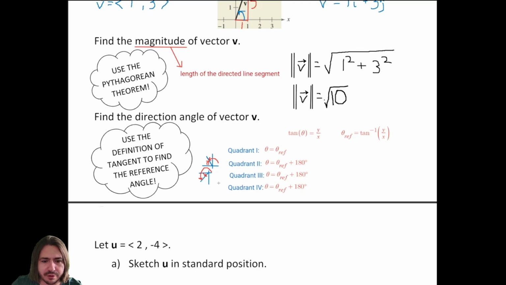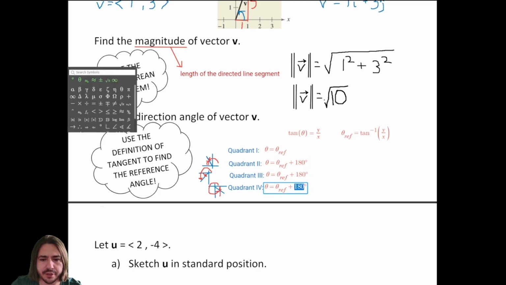See if I can fit in a diagram for quadrant 4. So in this case, if you're in quadrant 4, your vector is going to be pointing like over here. The reference angle that this little inverse tangent formula is going to calculate is going to give you this angle right here, and the angle you actually want is this one. So instead of adding 180, we're actually going to add 360. So this might give you something like negative 45 plus 360 will give you the correct angle measure.